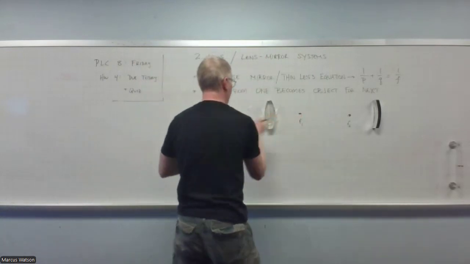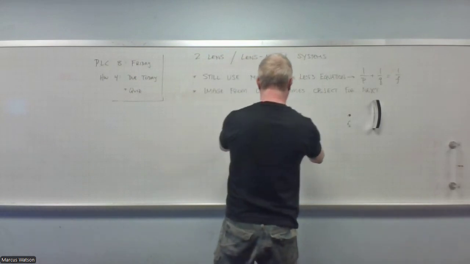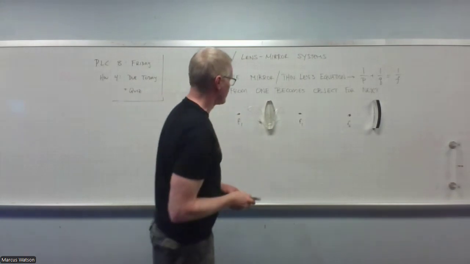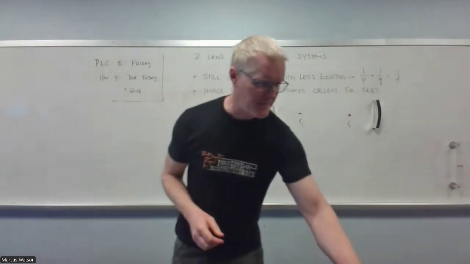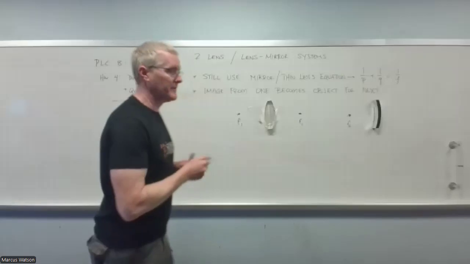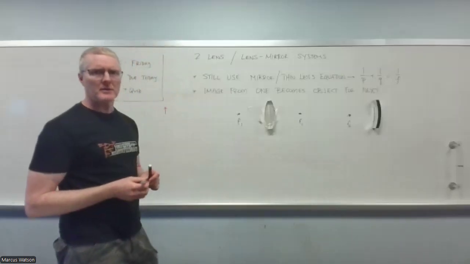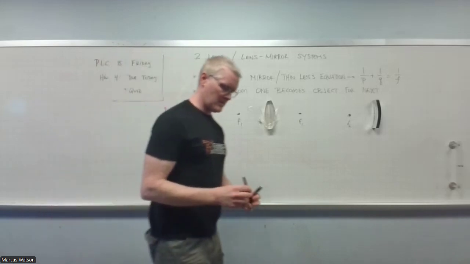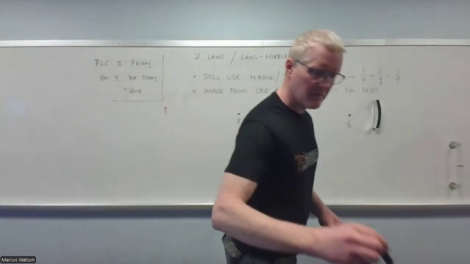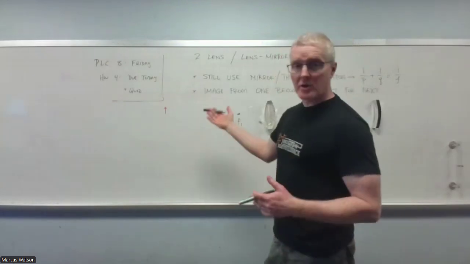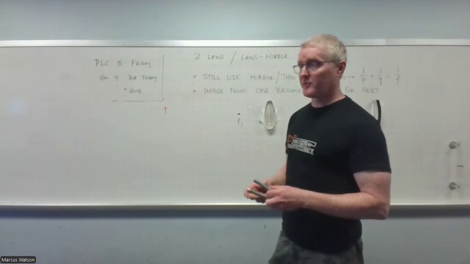About there? Yeah, about here. So let's have the object be far outside the focal point. We'll start with it, say, over here. Okay, and so what we'll do is we'll start by tracing this and looking at the ray diagram for the first one.